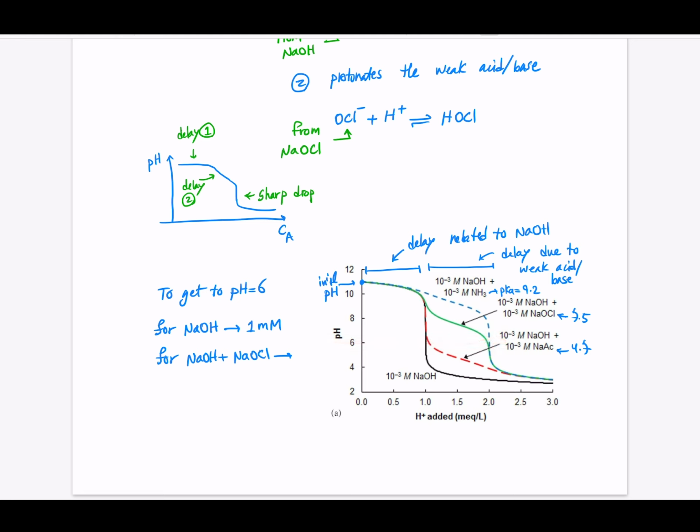Okay, so let's do green. Let's do 2. But then it would be 2 millimolar. So I think you get the point. Like, we need more acid to neutralize that.